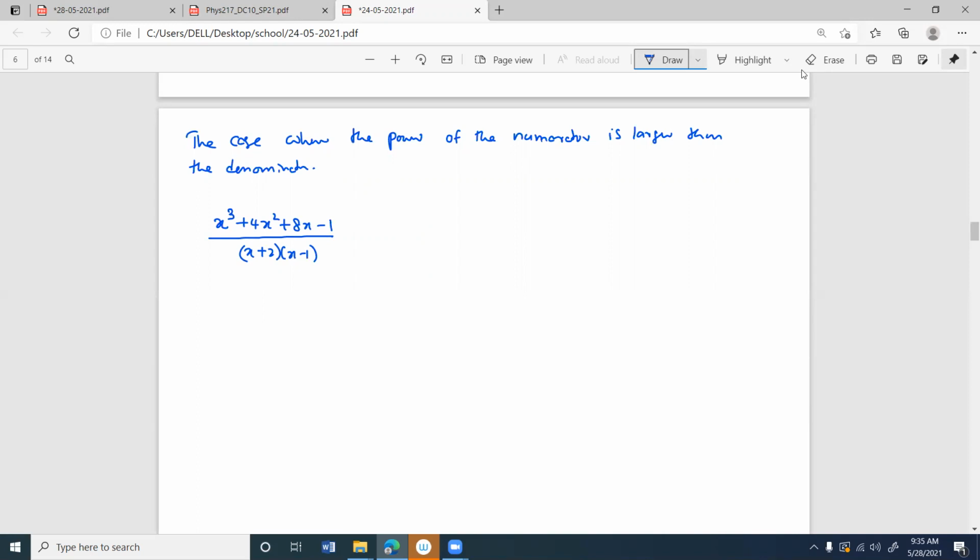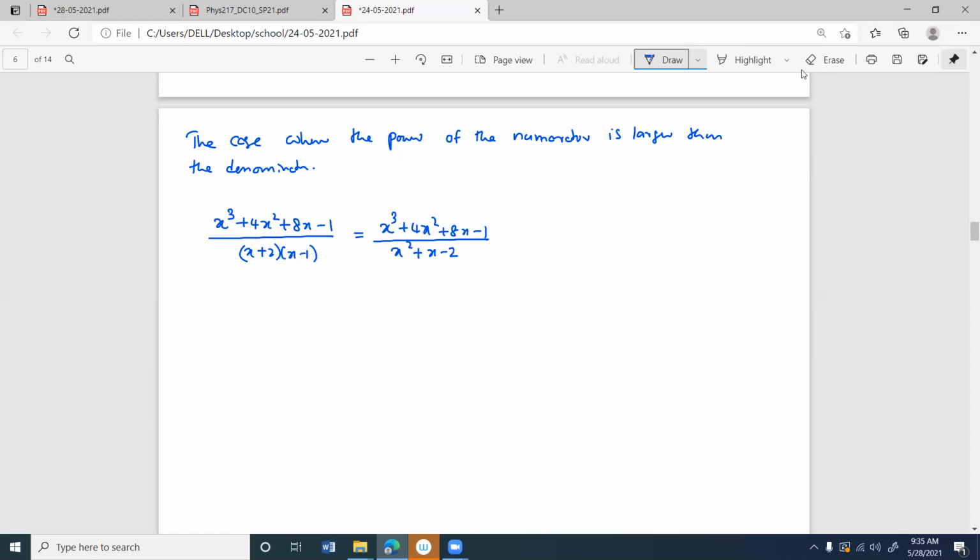If you need to write it as partial fractions, we can't do it straightforwardly. So the fact we are going to understand is, look at this. X to the power 3 plus 4x to the power 2 plus 8x minus 1 divided by, if you expand this, x squared plus x minus 2.